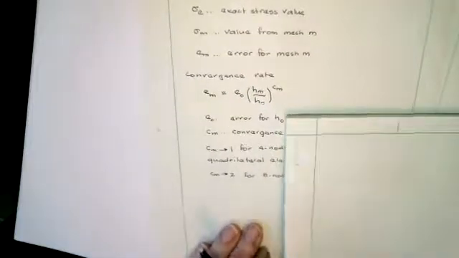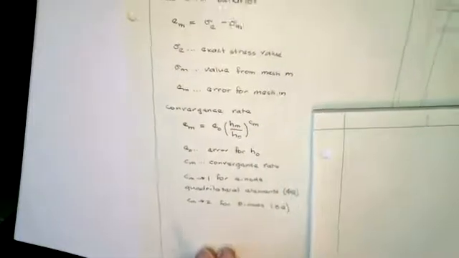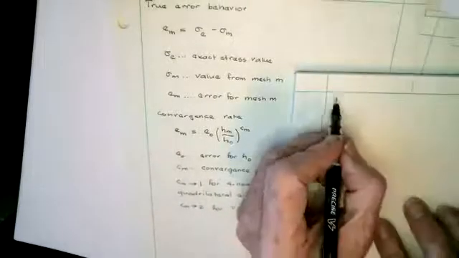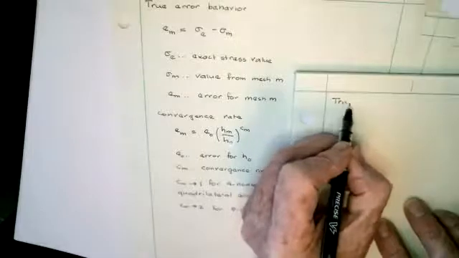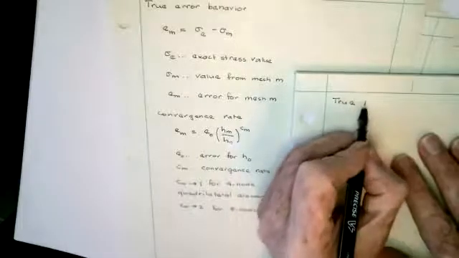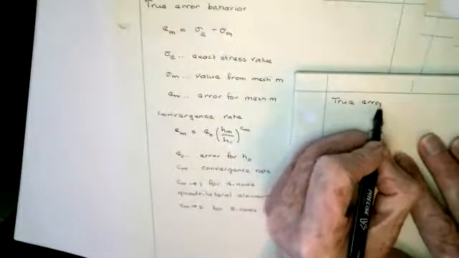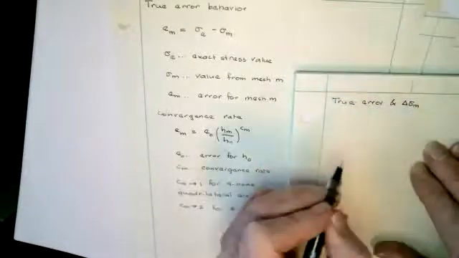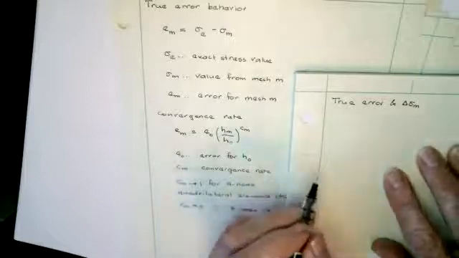Well, let's try and relate this true error to delta sigma M. Because we can get delta sigma M. What is delta sigma M?